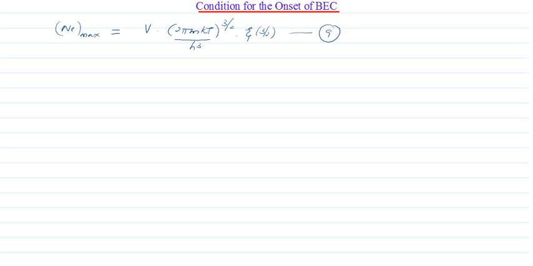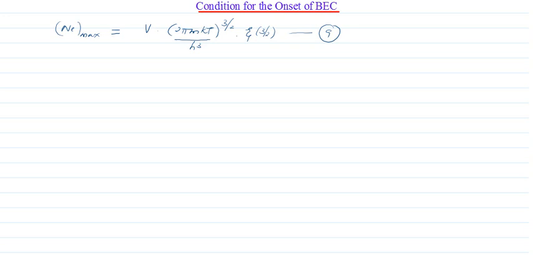So if N is more than Ne max, that depends on the number of particles in the system to begin with. If the number of particles in the system is greater than the number of particles that all excited states can accommodate at a given temperature, what will happen?